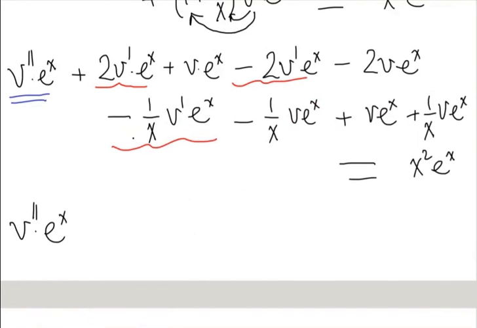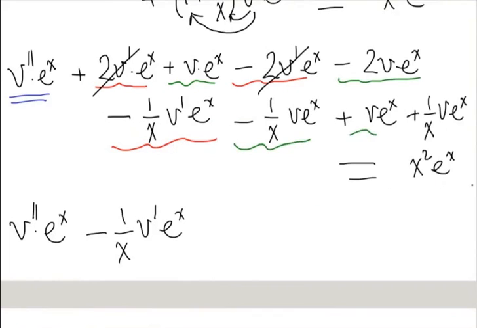We see that the first two cancel out, and we are left with minus 1 over x v prime e to the x. And lastly, terms with v. So plus v e to the x minus 2v e to the x, and here, here, and here.